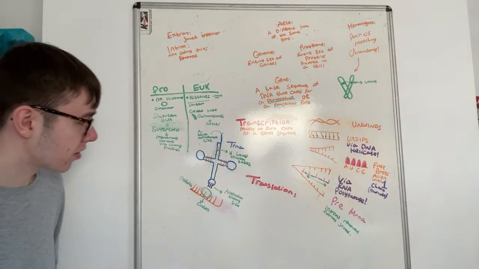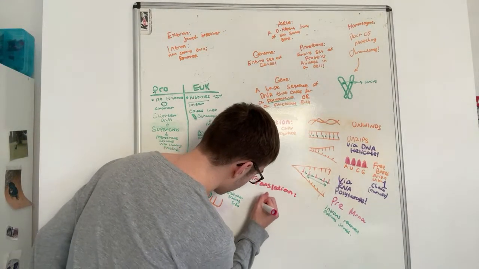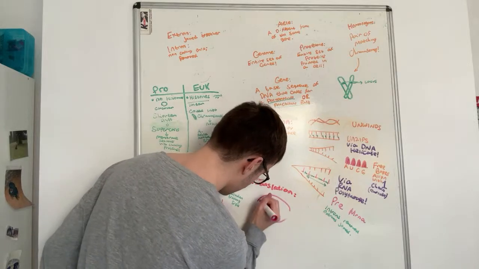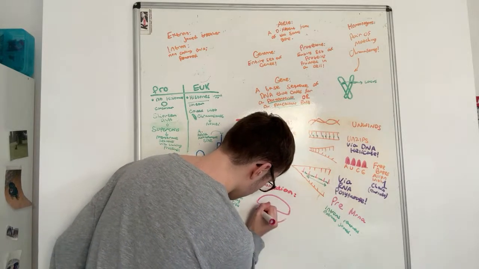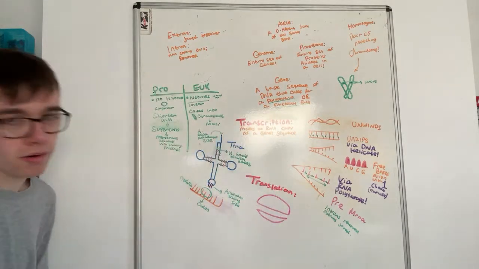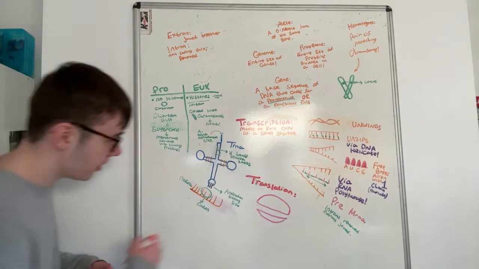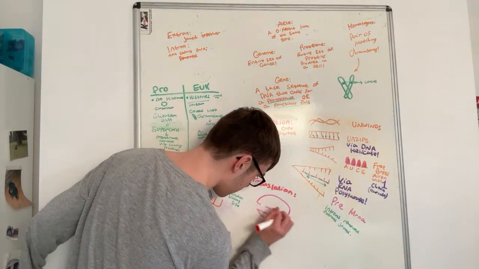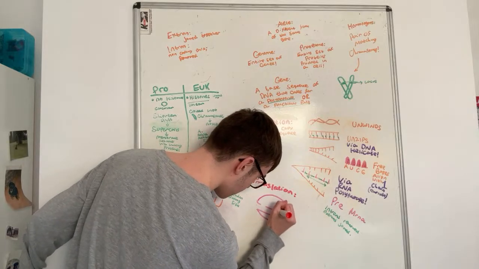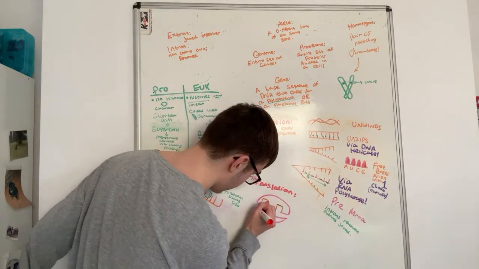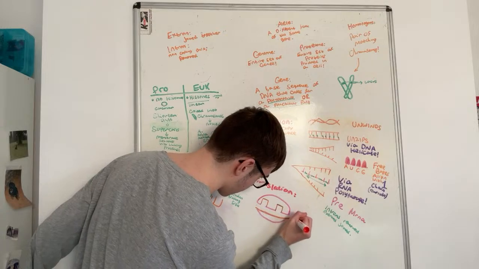I got it. So, we have good old big ribosome here. I'm going to draw it a bit like a hamburger. Then we have our chain here. It's like a happy hamburger. You'll get what I mean in a second.